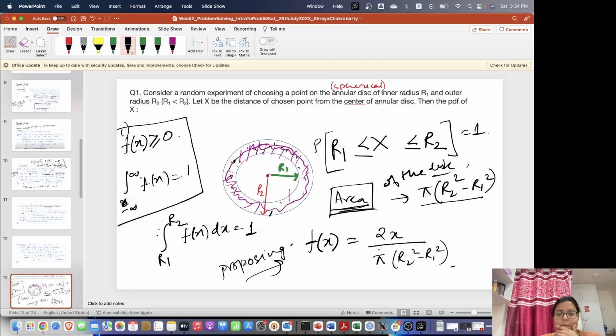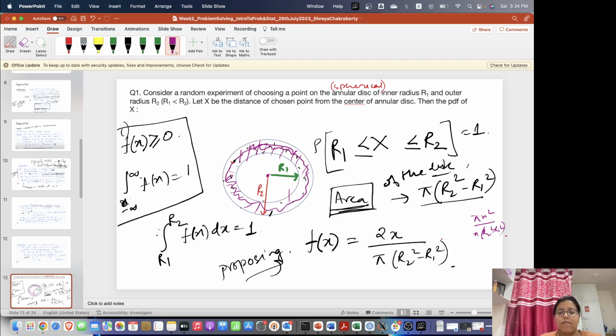Sorry, pi will not be here, because in the back of my mind I want something like pi x square by this.